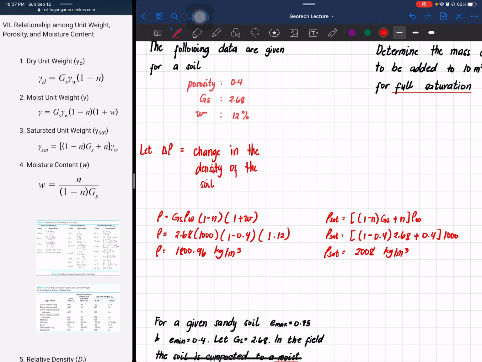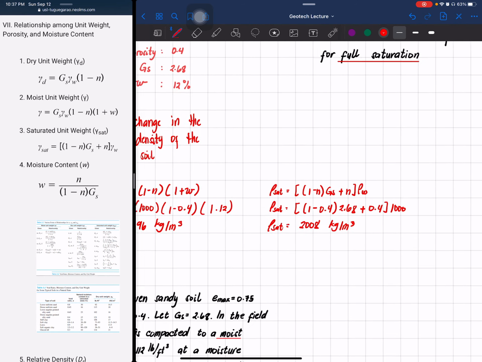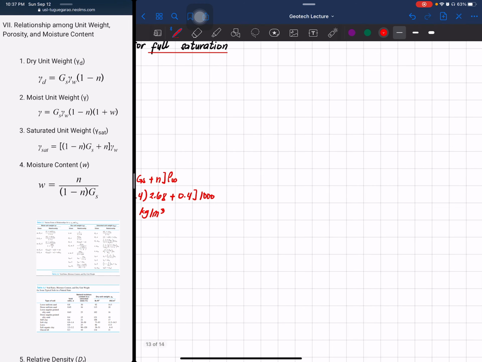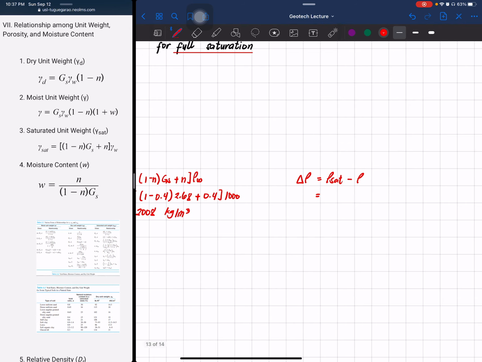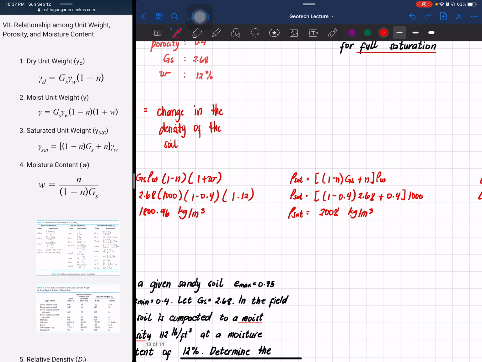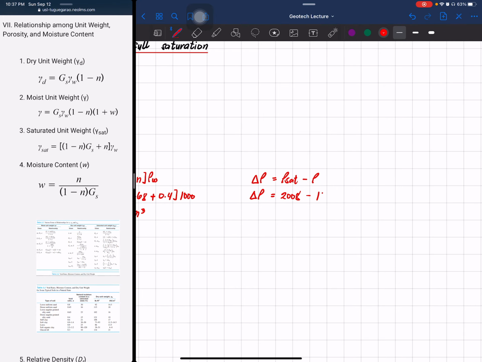Okay, so we're gonna solve now for the delta rho, and that is just the difference between the rho sat and the rho moist. Okay, so I'm gonna get now delta rho is equal to rho sat minus rho moist, which is equal to 2008 minus 1,800.96.